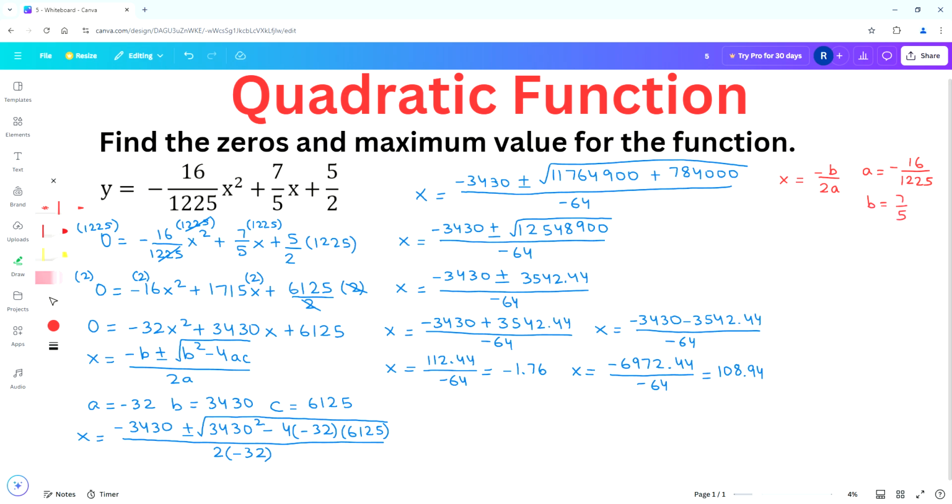Now we can sub in these values in the formula. Now we can simplify this expression.